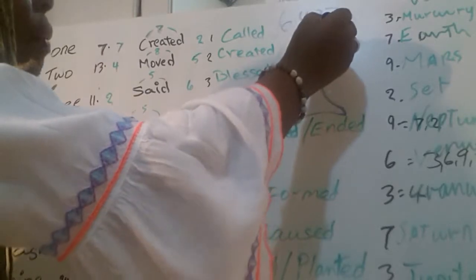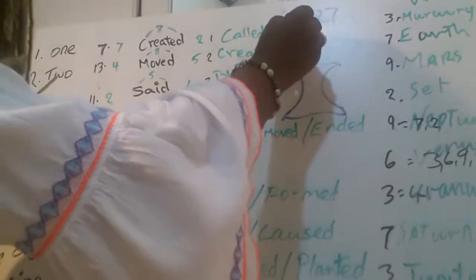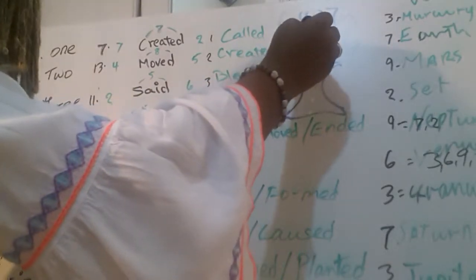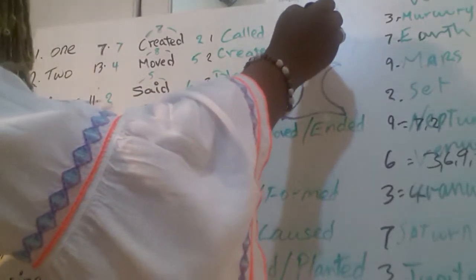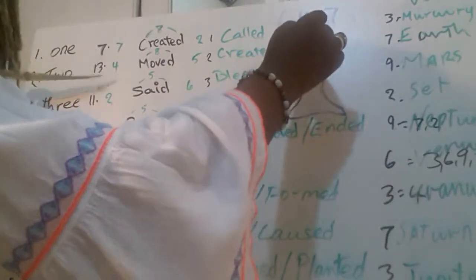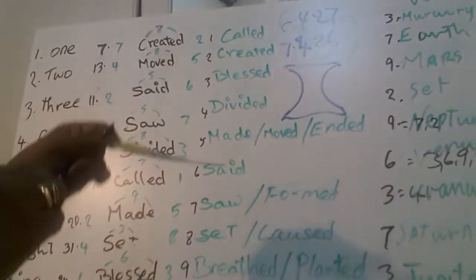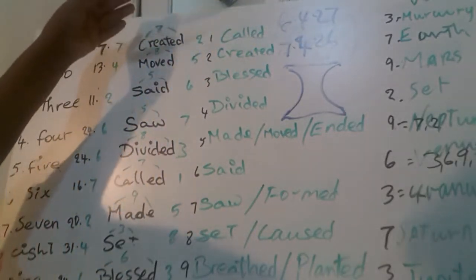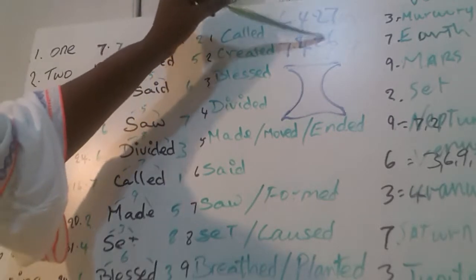Here would be 7, 4, 2, 6. So we can see the reverse numbers. It's as if they're mirrored, or it's a cycle. We are following the cycle here: 6, 4, 2, 7, 7, 4, 2, 6.